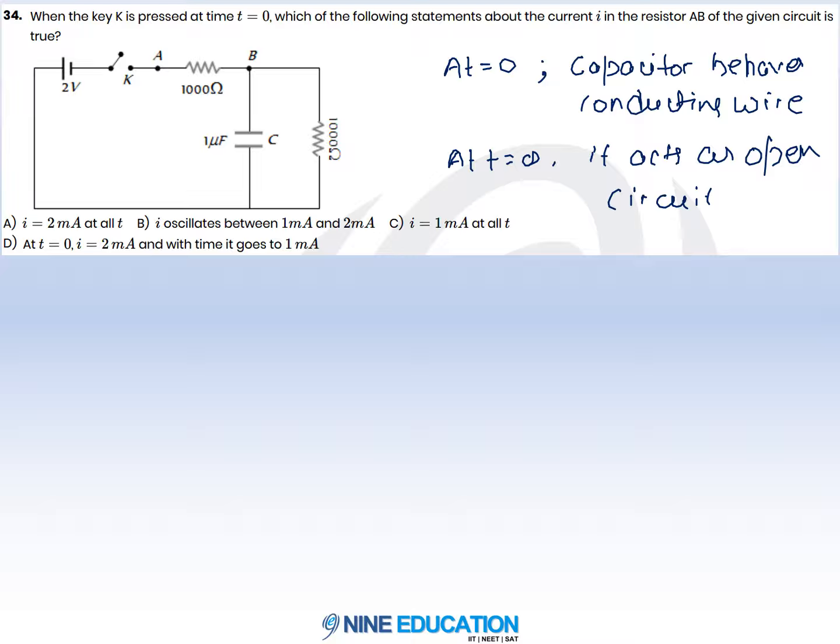So what we have at t equals 0, this is 2 V, 1000 ohm, sorry, this 1000 ohm.